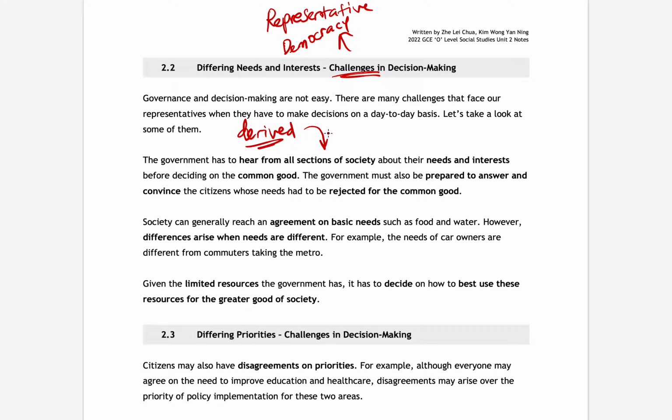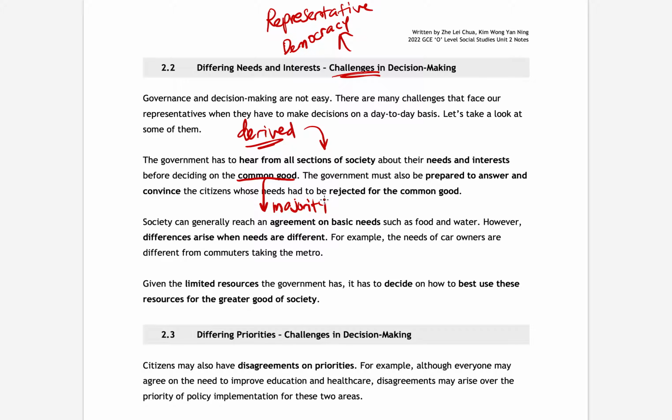They need to listen to different views because not all citizens will have the same view. So what we call the common good would be the final decision that needs to be made, so majority decision. They would usually do what would benefit the majority of citizens.